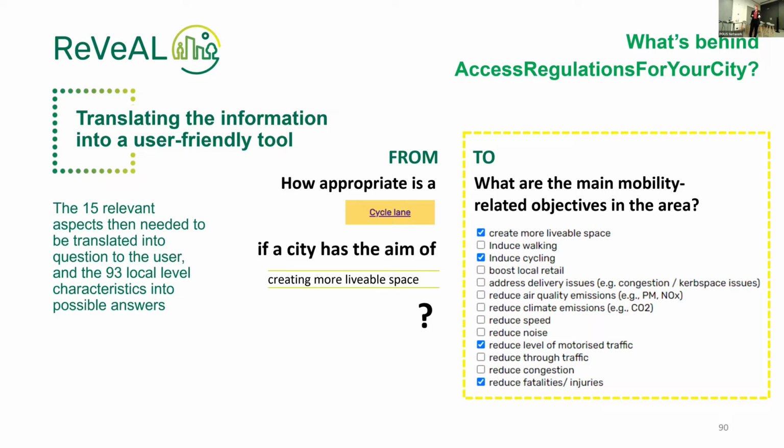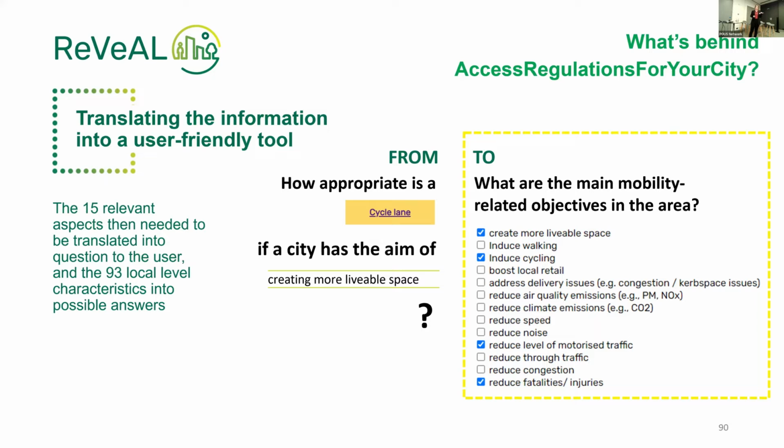A next step was to translate all these things into something understandable and user-friendly. So we went from "how appropriate is a cycling lane, or any of the other building blocks, if the city's aim is to create more lively space" to "what are the main mobility-related objectives in your area."